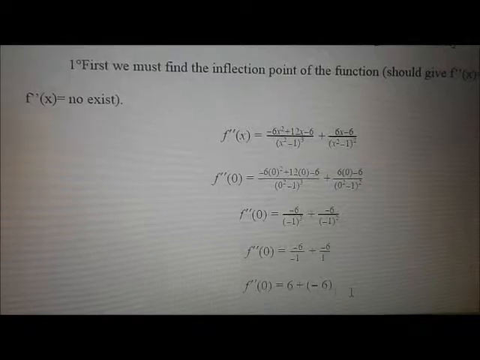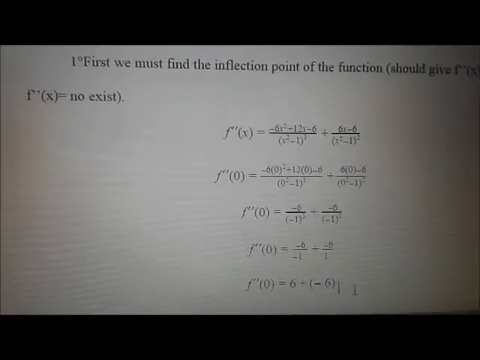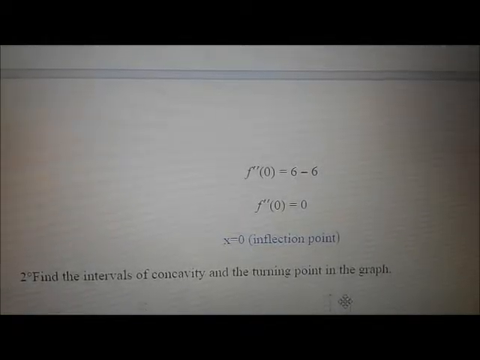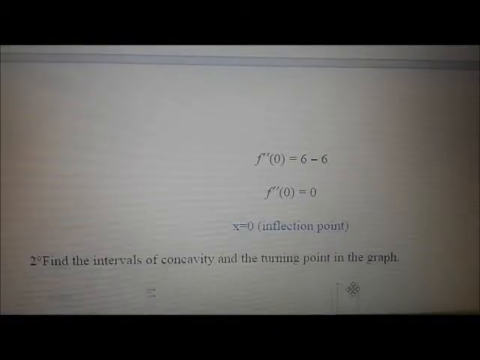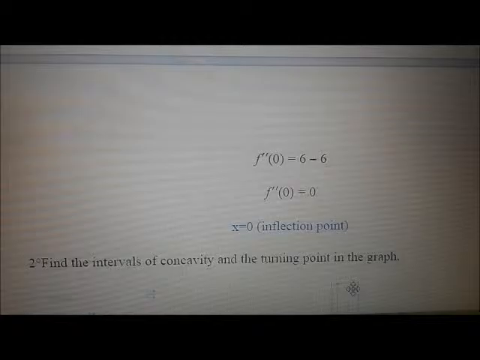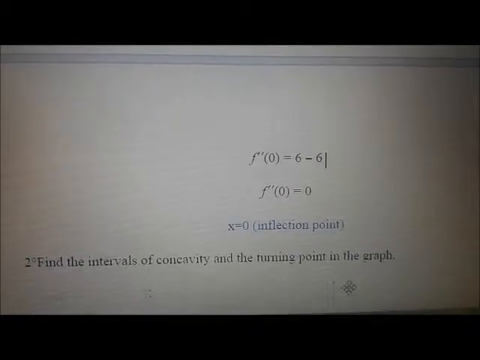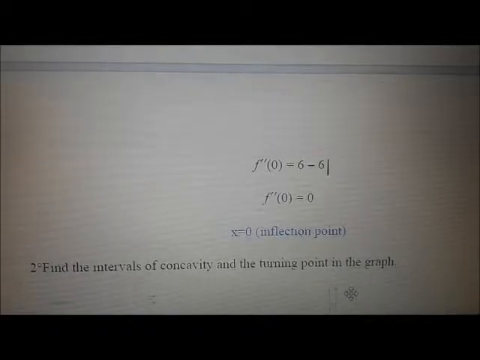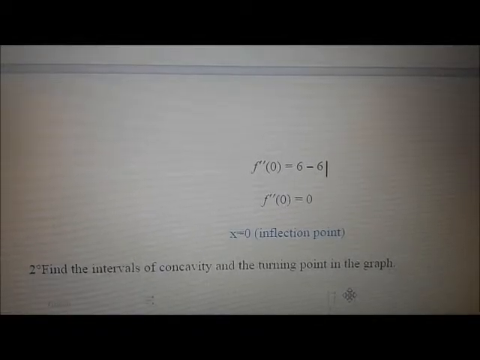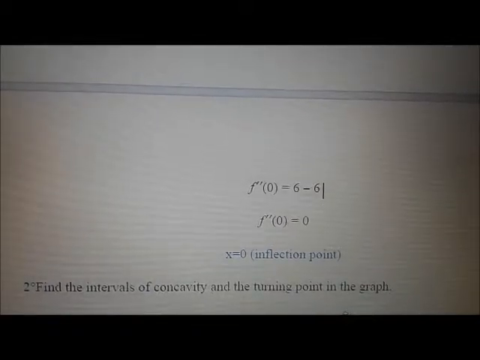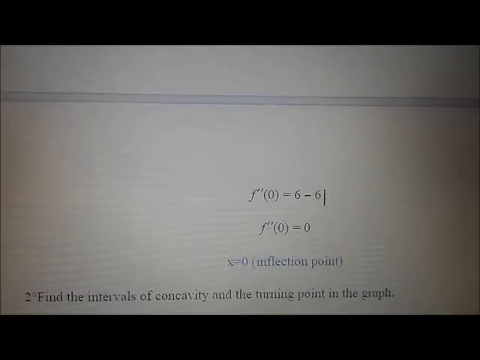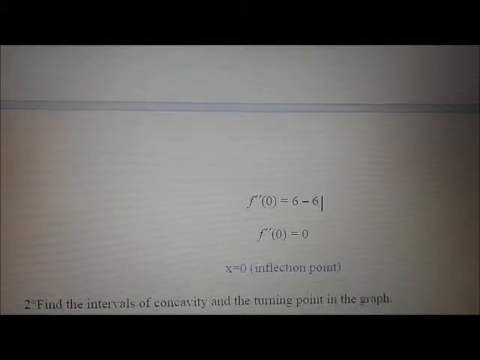That is equal to 6 plus −6. So the second derivative when x is equal to 0 is equal to 6 minus 6, which is 0. So x equal to 0 is an inflection point.